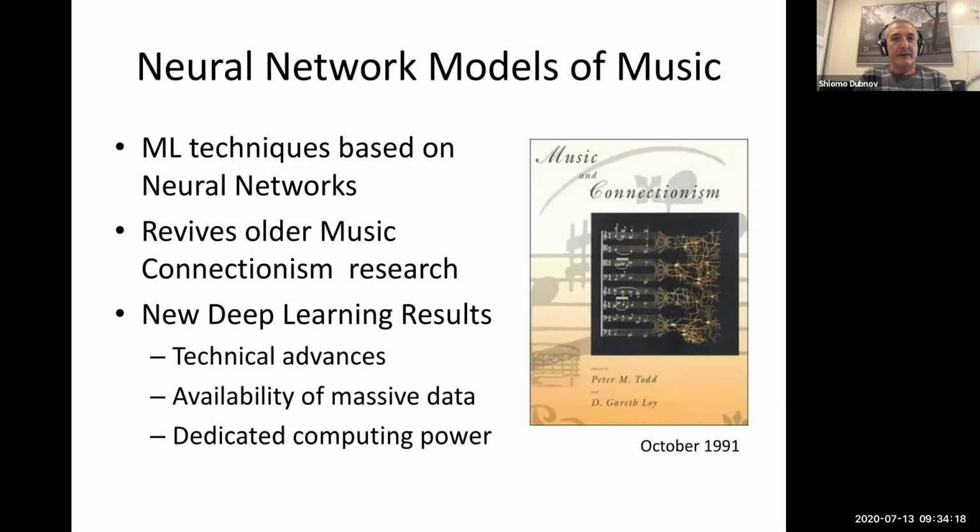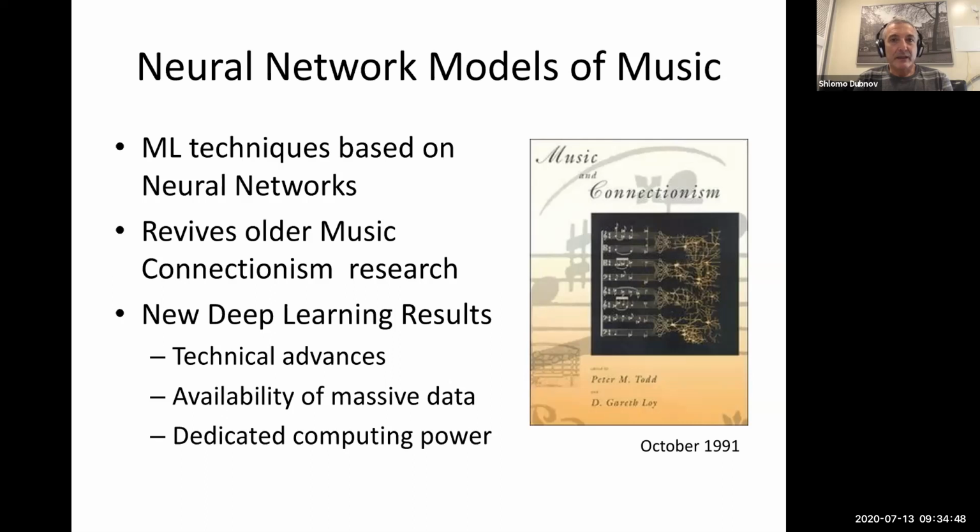But today, there was so much development, so many new things that came up with using neural networks, especially deep learning, that this renewed interest also spills to music, of course, and not just spills, but it actually provides some very interesting and important results.